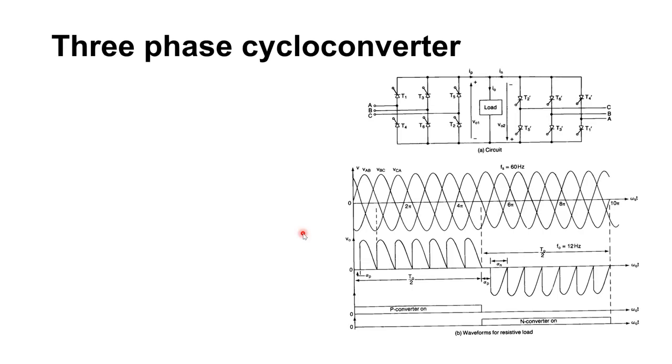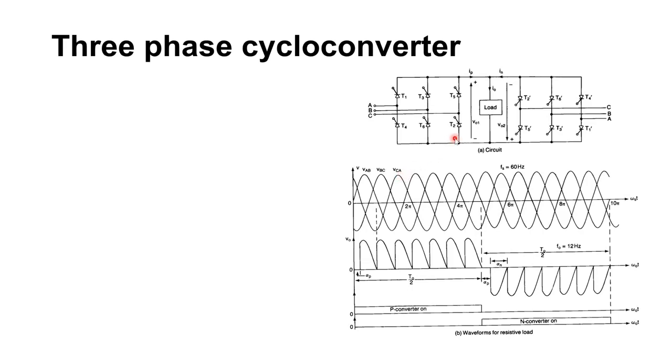So in the 3-phase arrangement, you have 3 phases connected here, the load is here, and you have your phase VAB here, VBC here, VCA here, and the concept is the same.